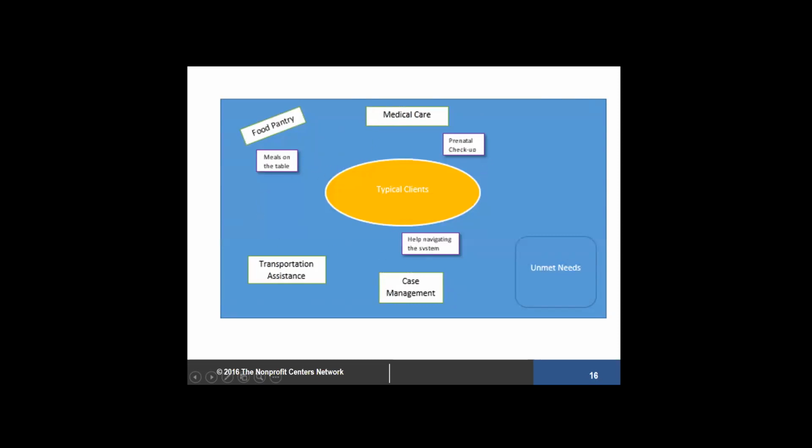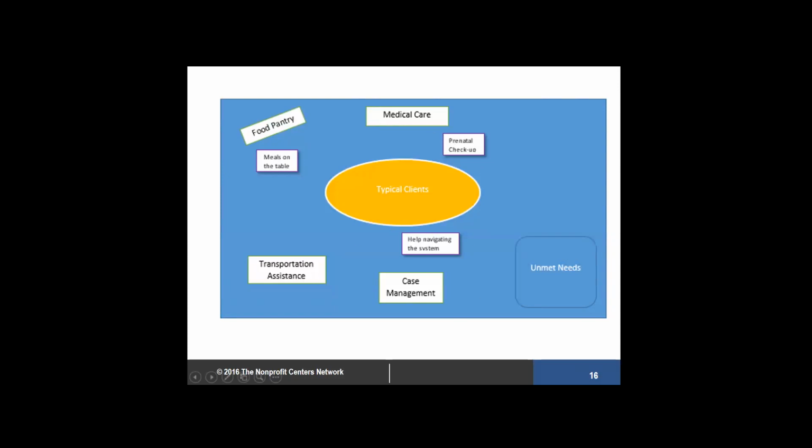What are the things that those people need? Whether it's meals on the table, access to medical care, help navigating the system. So once all of the hopes and the needs are on this map, we start in the outer ring adding in the organizations who are in the room. So you can really clearly see, all right, do you have a transportation assistance organization at the table? Do you have case managers at the table? And where are those pieces that are in alignment?